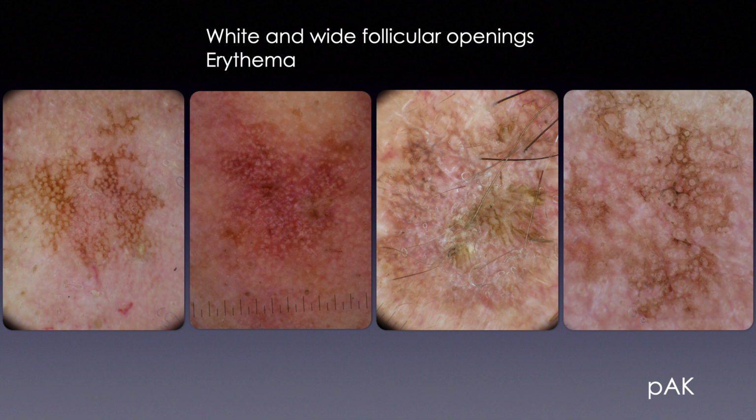So when you look at a lesion, you're still not sure what it is, but you see this erythema, these scales that might be white but might also be pigmented, such as the ones shown in the third image, and these white follicular openings with the rosettes, they are all signs of pigmented actinic keratosis.